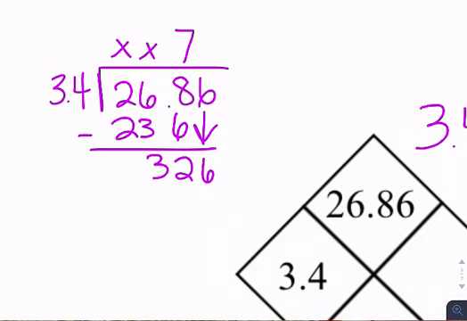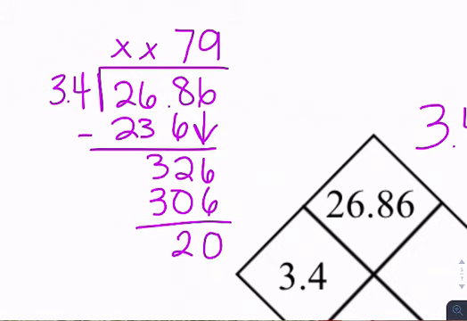It goes into 326. 9 times. And that would be 306. So we subtract. We get 20.